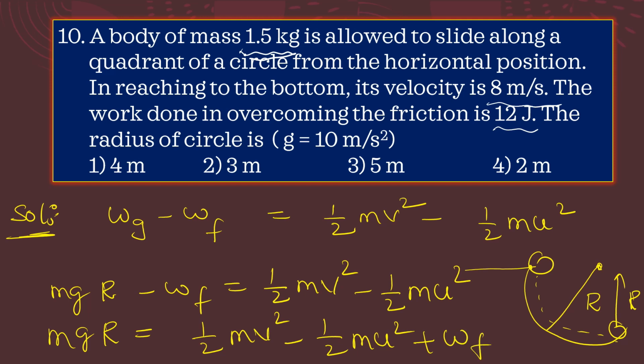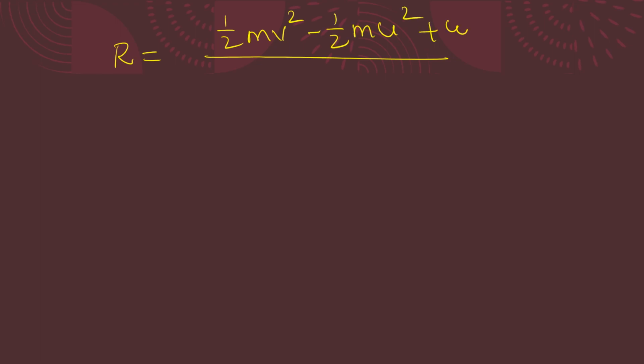Now we will write the formula for the radius of the circle. So r is equal to half mv square minus half mu square plus Wf, all divided by mg.